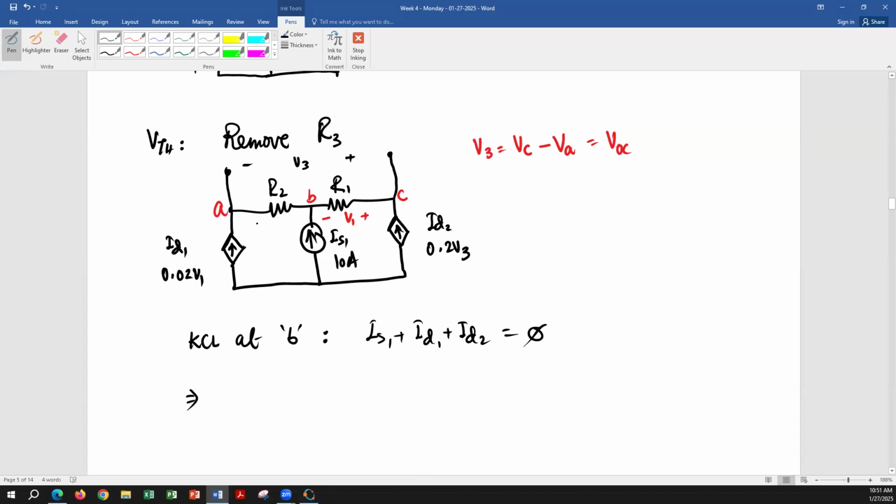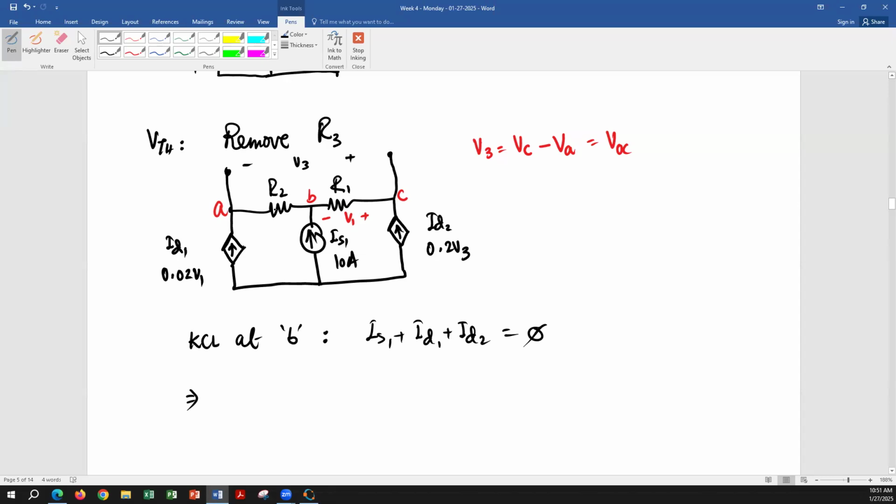The only thing is we don't know these, because V1 is the difference between VC and VB. We don't know VC, and likewise, we don't know VA.